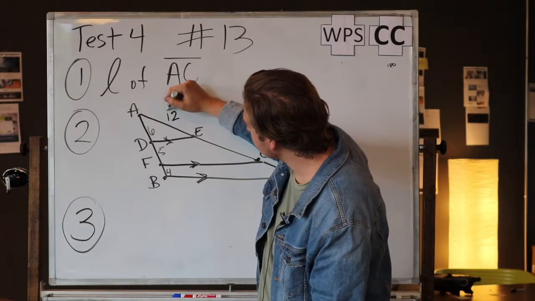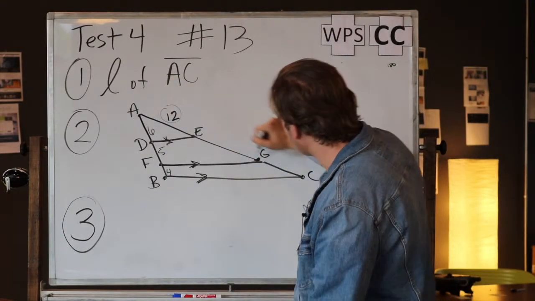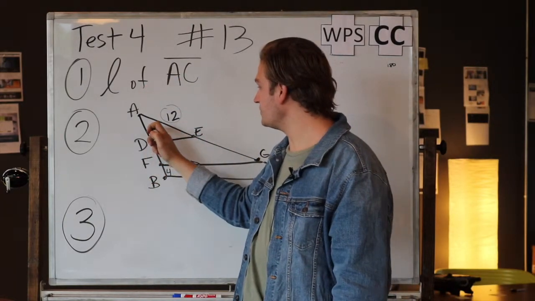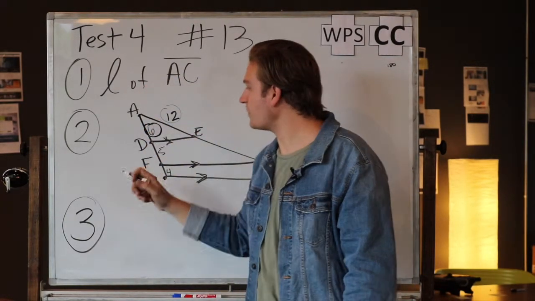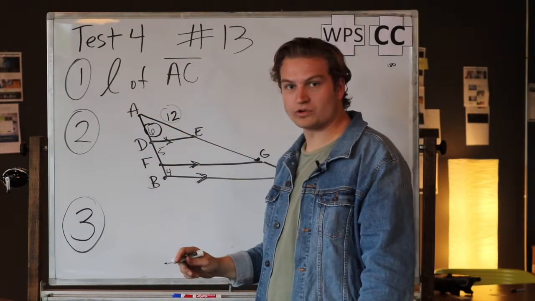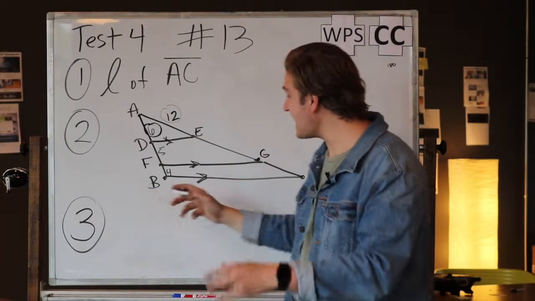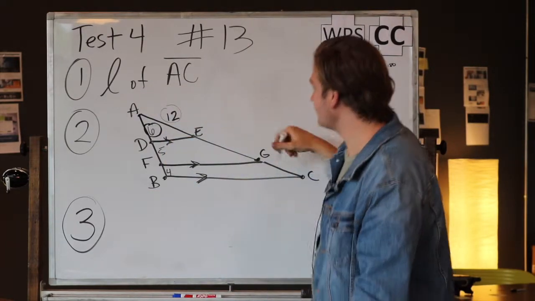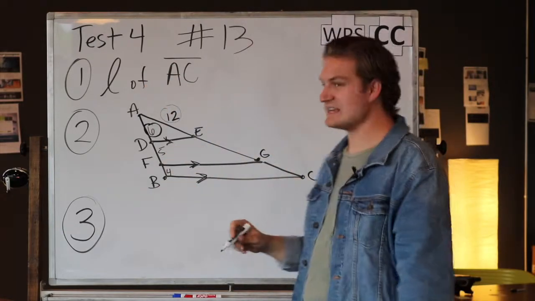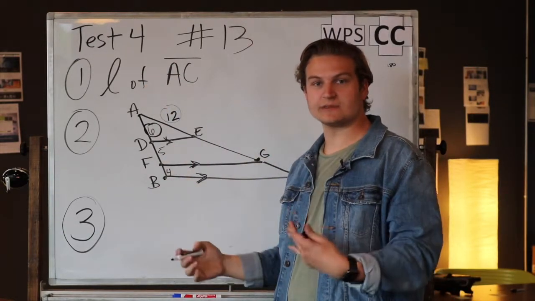So here's what I'm going to do. I know this one piece of the entire length of AC has to be proportional to this one piece, AD. These two little pieces have to be proportional to one another. And these two sides, the full sides, AB and AC, are going to be the other pieces of the proportion that I use.